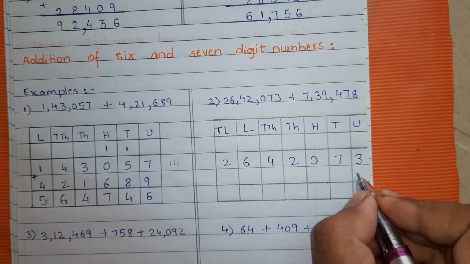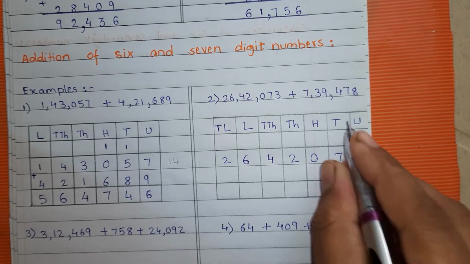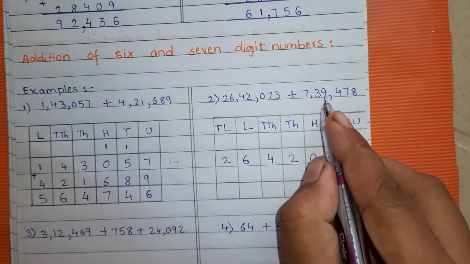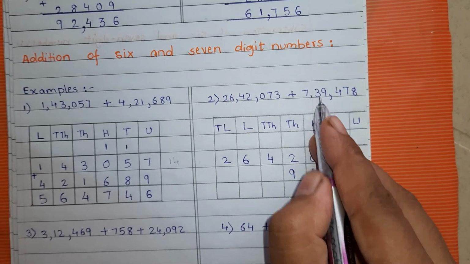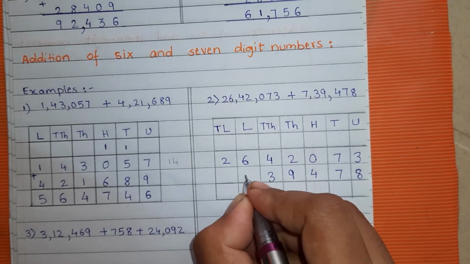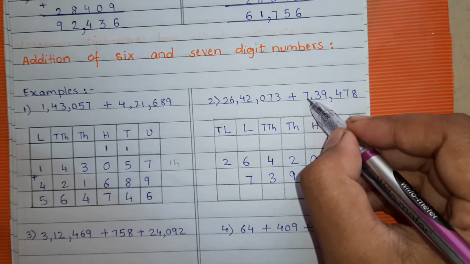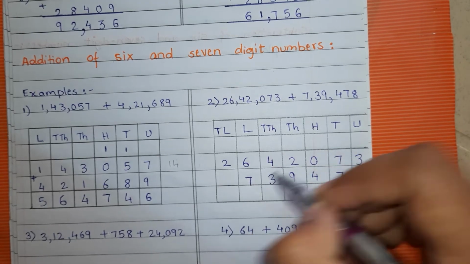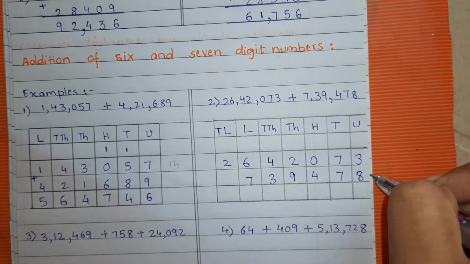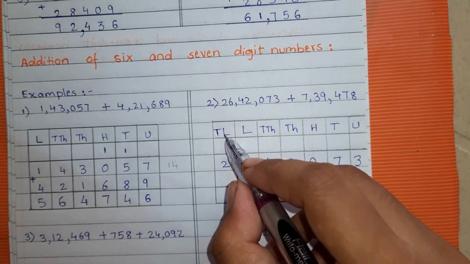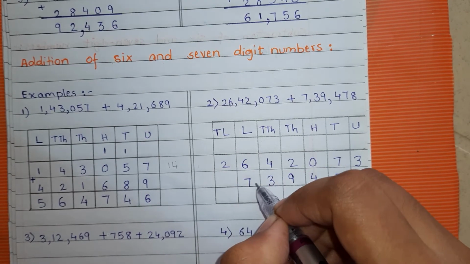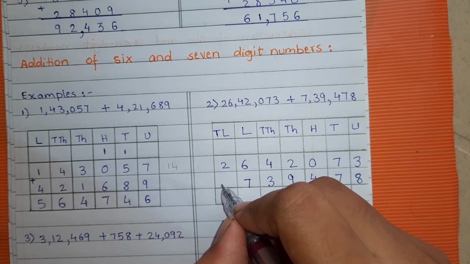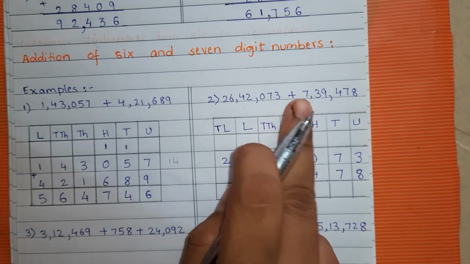Then you will not make any mistake. 8, 7 4 9 3 7. Okay, this number is 7 lakh. So 7 will come in the lakhs place and the remaining digits will follow. And the 10 lakh place in the second number will remain empty. It will remain empty.